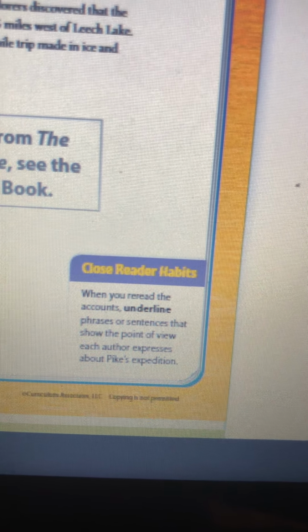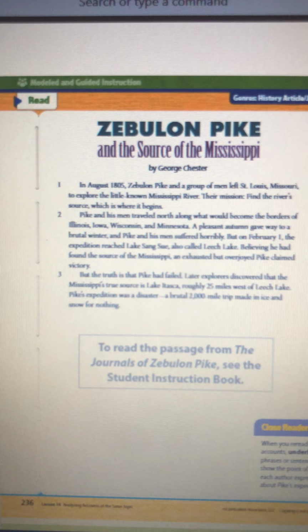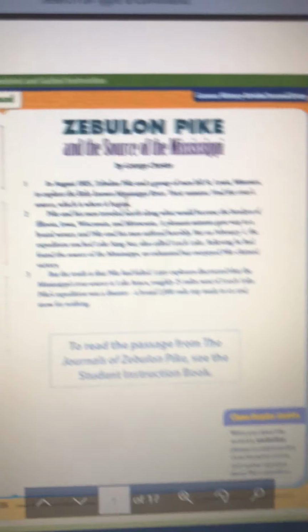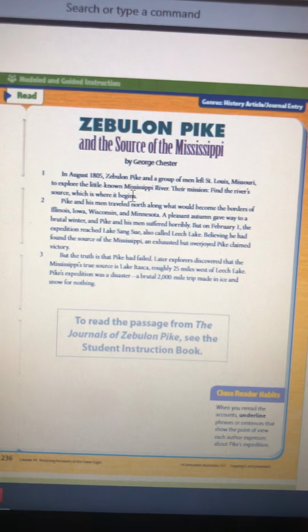Okay, so since we can't underline, what I suggest you do is you take your mouse and you're going to highlight for yourself the things that you would underline. Get a scratch piece of paper and write down those things that you choose to highlight.